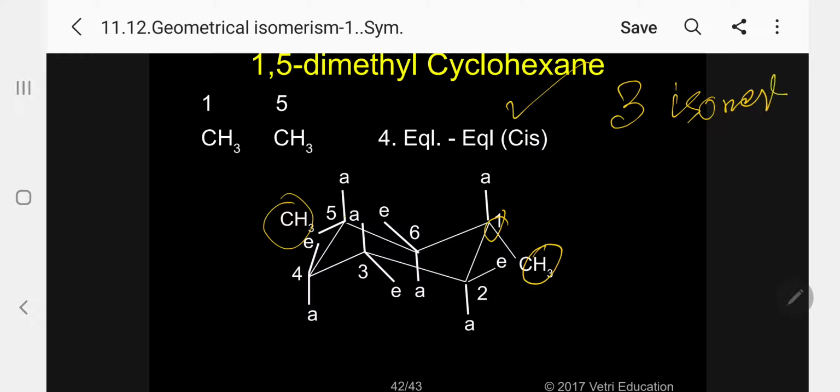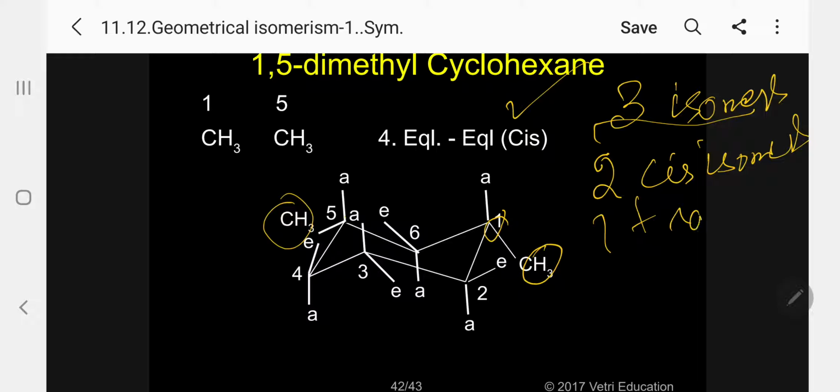So there are totally 3 isomers possible in this case. Out of these, we can think of cis isomerism, 2 cis isomers and 1 trans isomer possible.